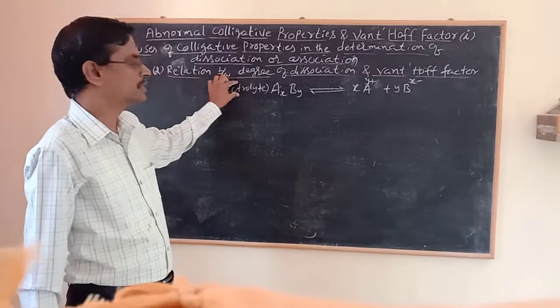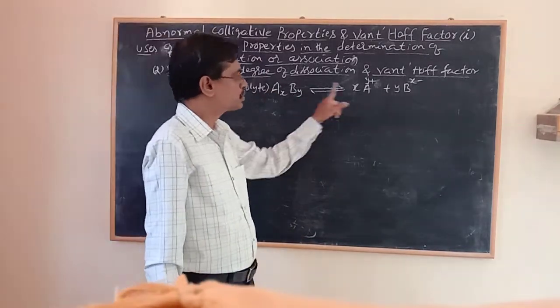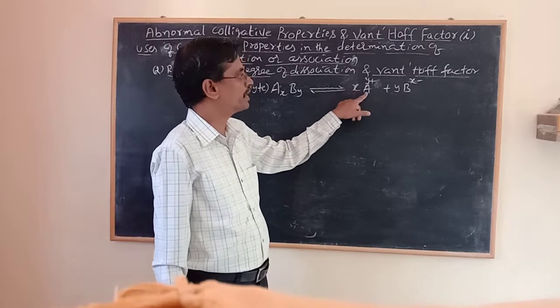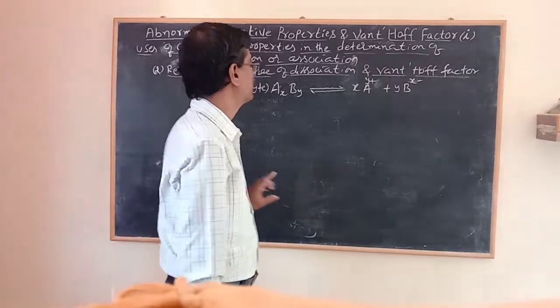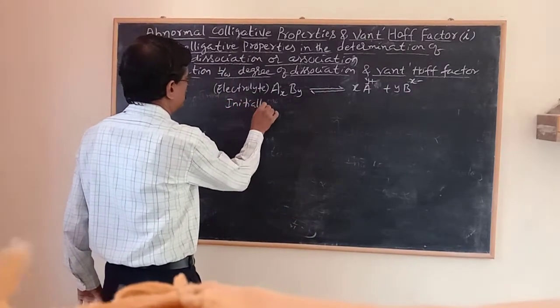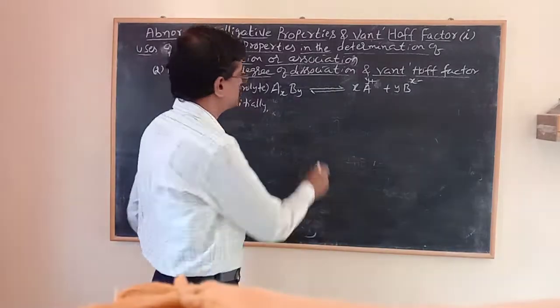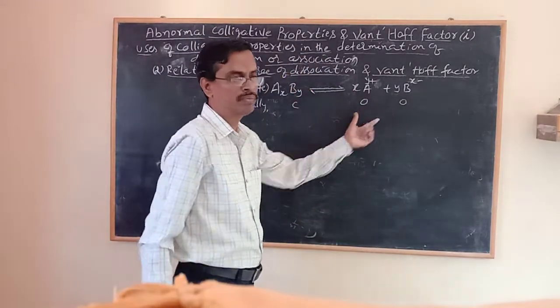Here we have to consider the electrolyte AxBy, which dissociates to give x moles of A y plus ions and y moles of B x minus ions. Initially the concentration is taken as C moles. There is no formation of products initially, both are 0.